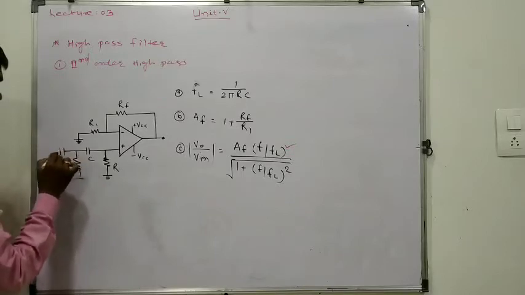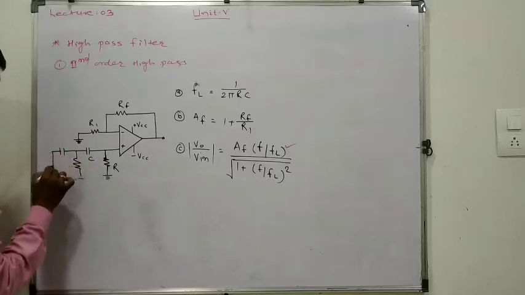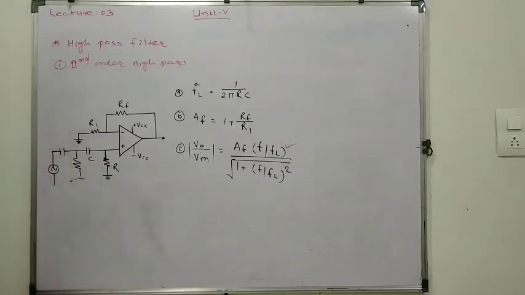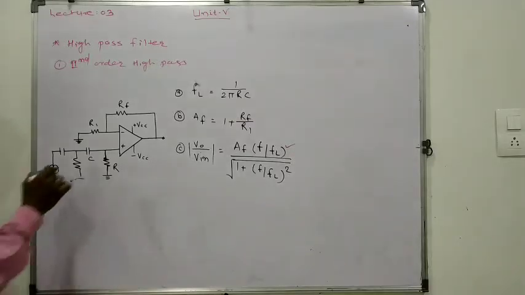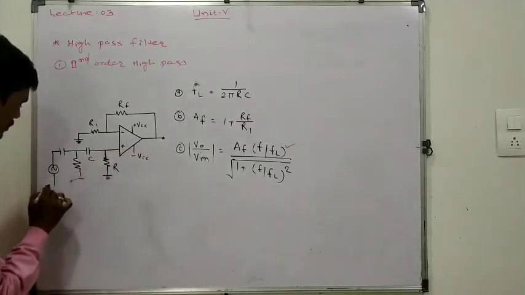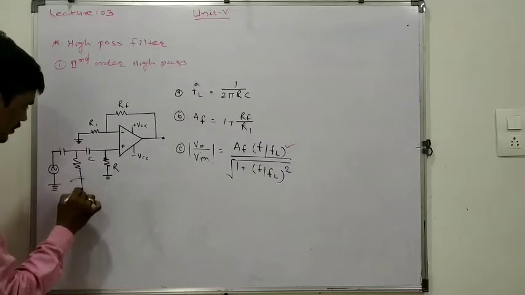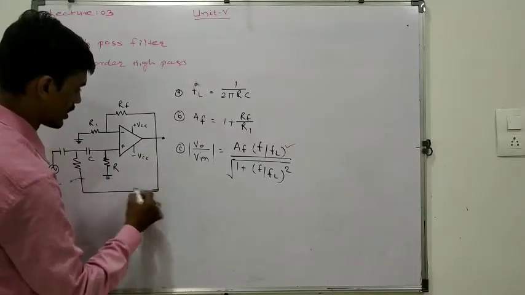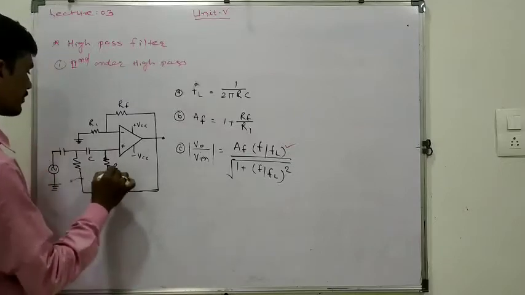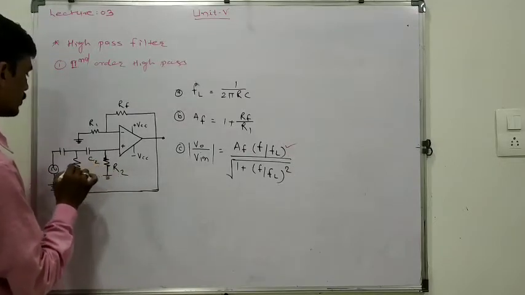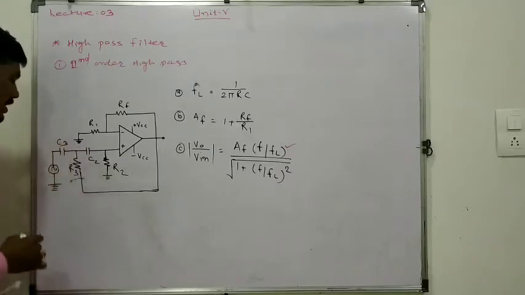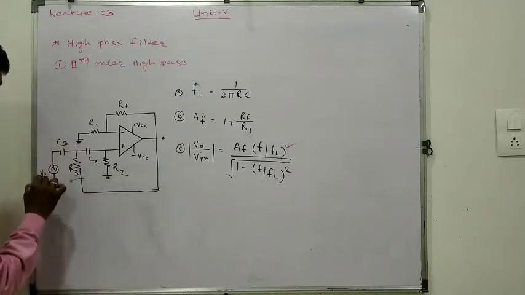This is a capacitor, this is the supply. This resistance is connected to the output terminal, like the second order low pass Butterworth filter. This is R2, C2, R3, C3, and this is the Vin.